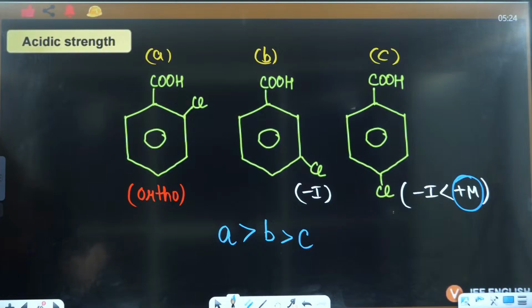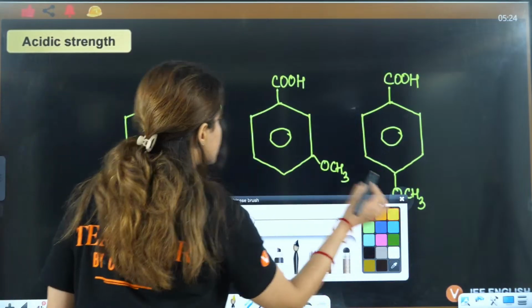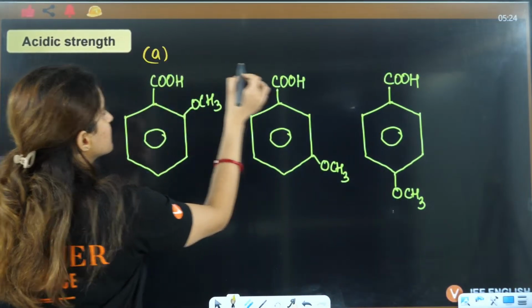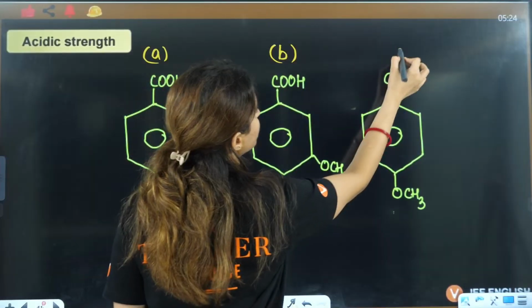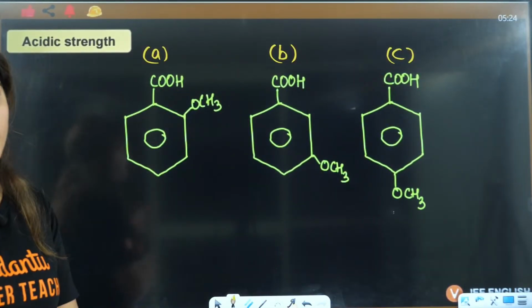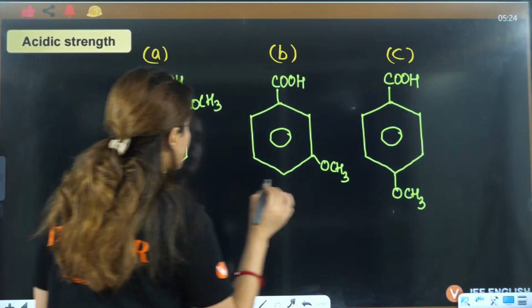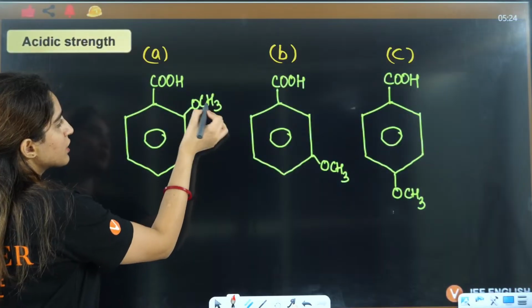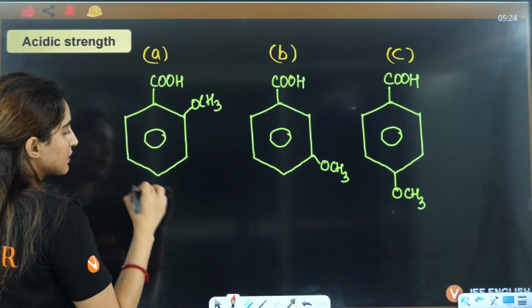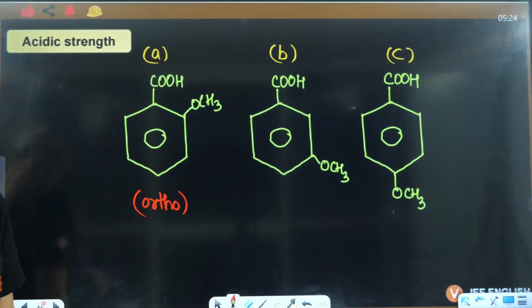Okay, yes everybody. Now let's see the next question here. You just need to know what I told you there, right? Some important rules, and which is showing more and which is showing less, that you should know, and this you can easily do. Now if you see this here, you have OCH3, and this is going to show you ortho effect, right everybody?